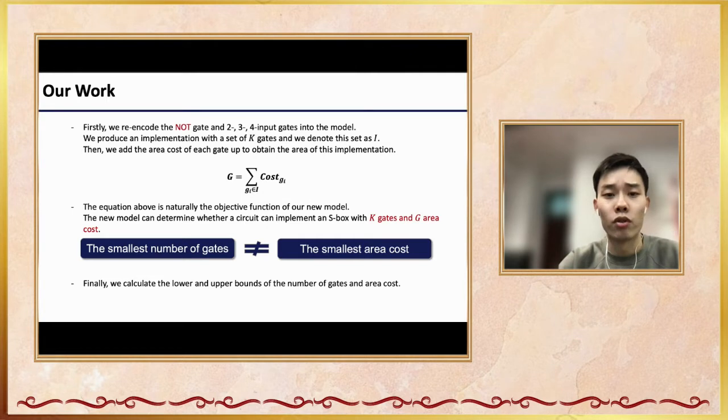The equation below is naturally the objective function of our new model. The new model can determine whether a circuit can implement an S-box with K gates and G area cost. As mentioned before, the implementation with the smallest number of gates is not the one with the smallest area. Therefore, we need to determine the range of area costs and the number of gates.